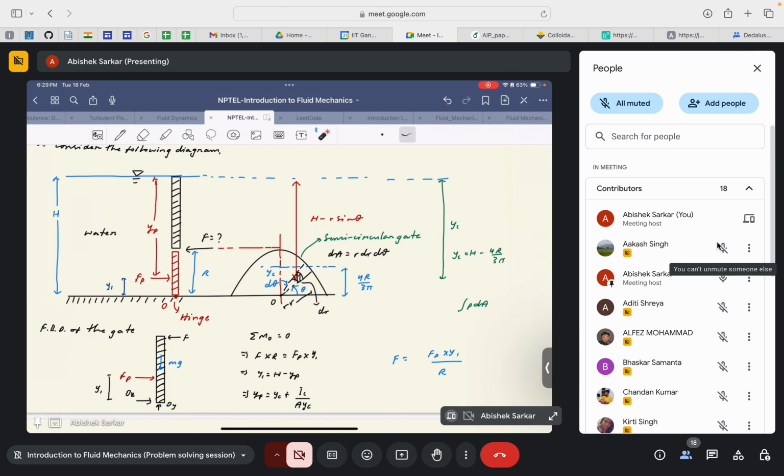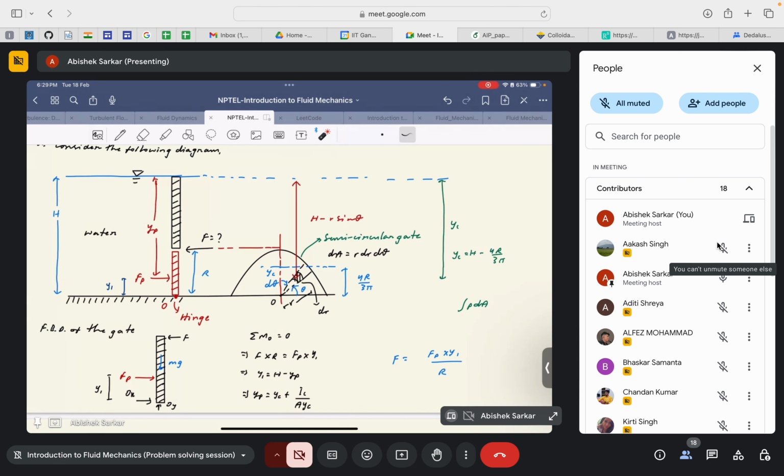The elemental area dA is given by r dr d theta, where dr is the length. If you consider it as length times breadth, the arc length is r d theta and the width is dr, right? This length is dr, so the area would be r dr d theta.